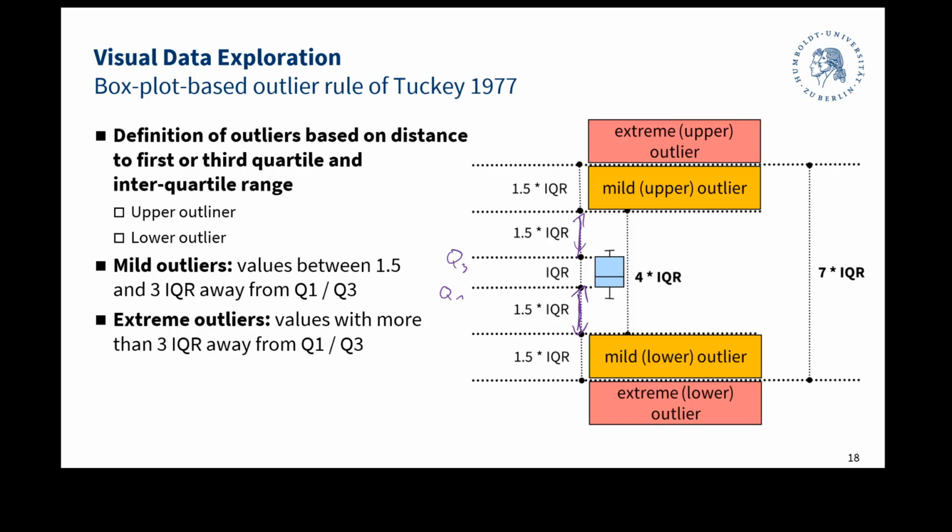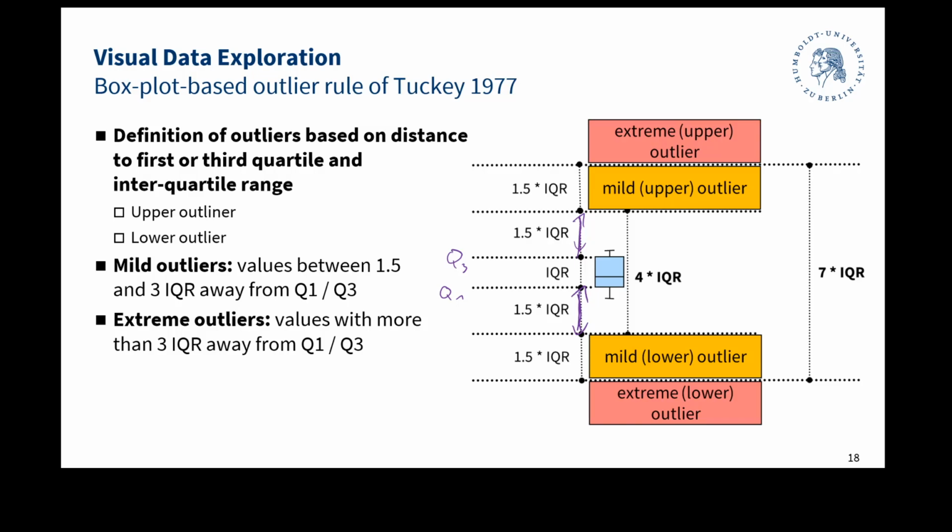And if we double the distance and have 3 times the interquartile range above or below, then we call these cases extreme outliers.